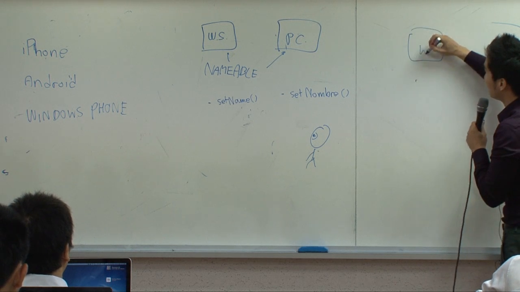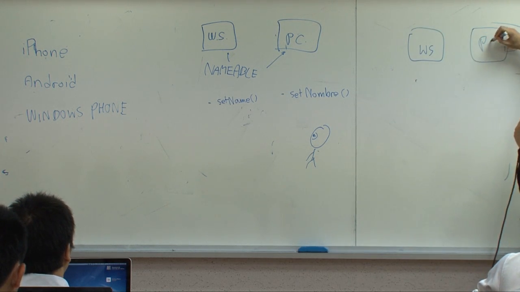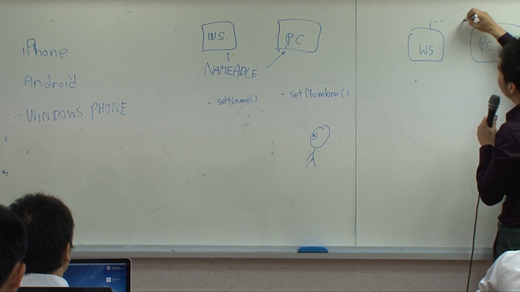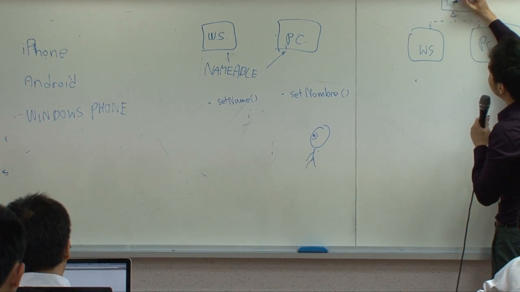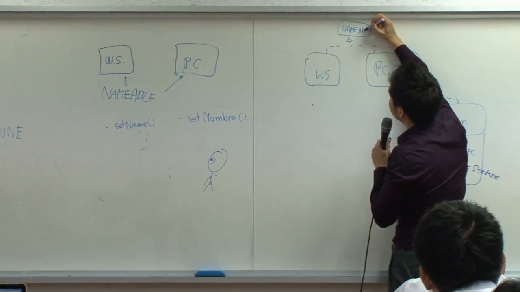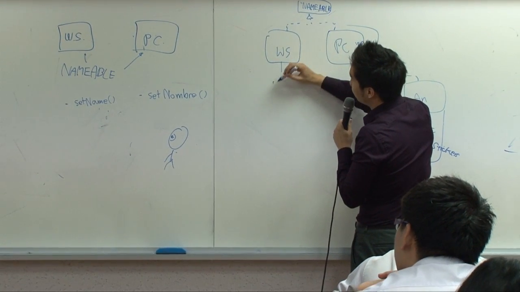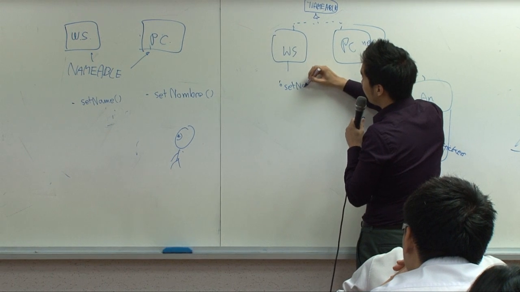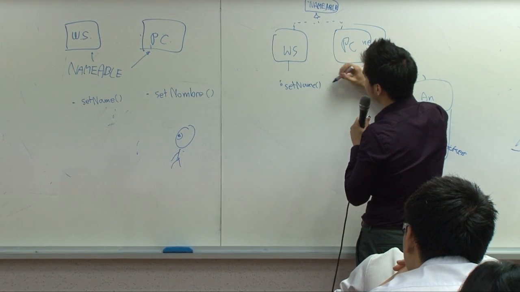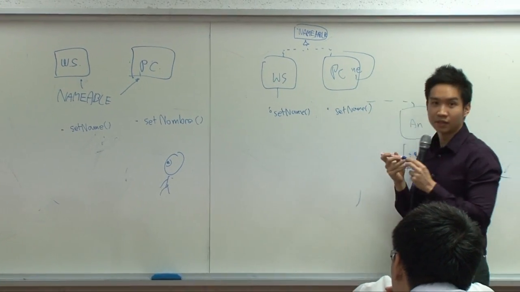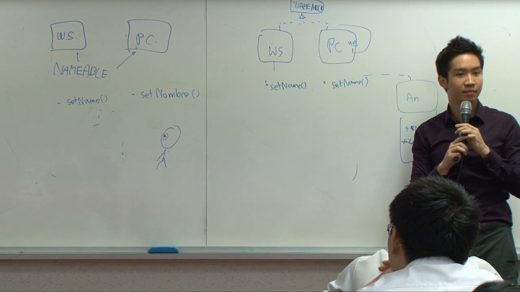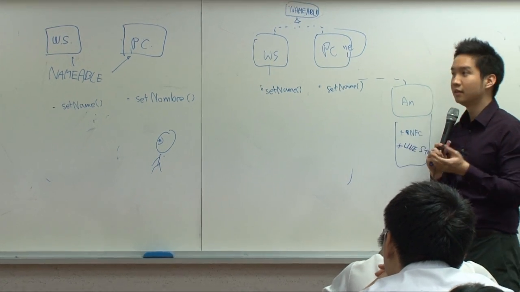The second example, real quickly: you have workstation and PC, and both of them derive from or implement the nameable interface. And now both of these classes are required to implement the setName, same method name.